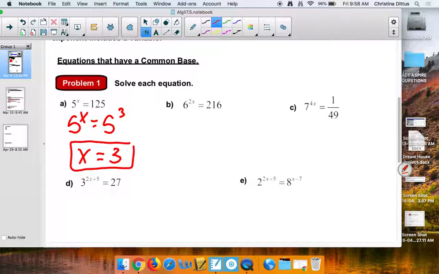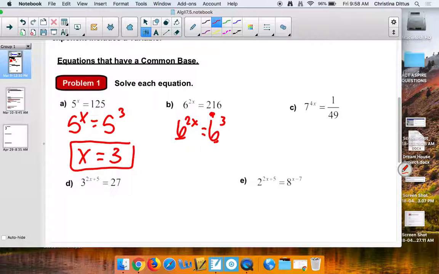Next one says 6 to the 2x power equals 216. I want to get 216 to be a base of 6. How would I do it? 6 to the third. So 6 to the third is 216.